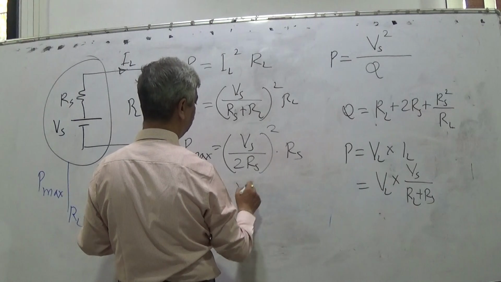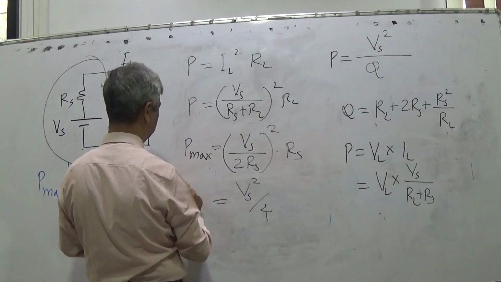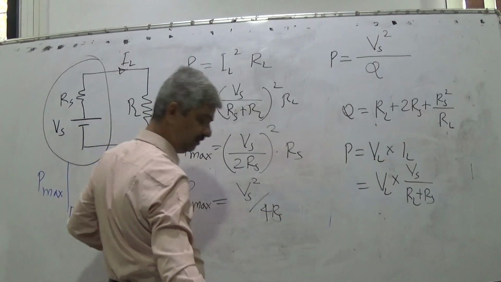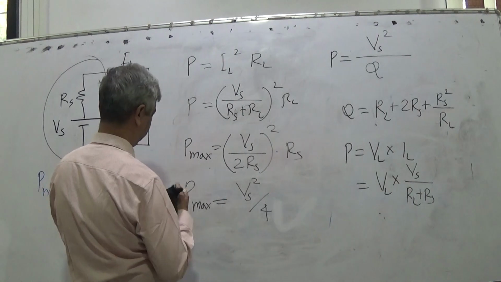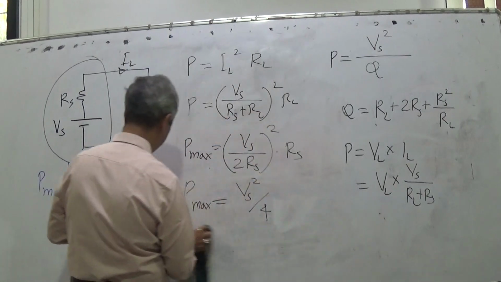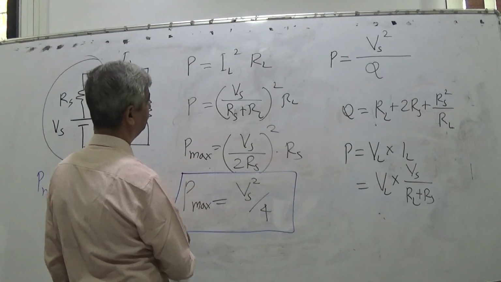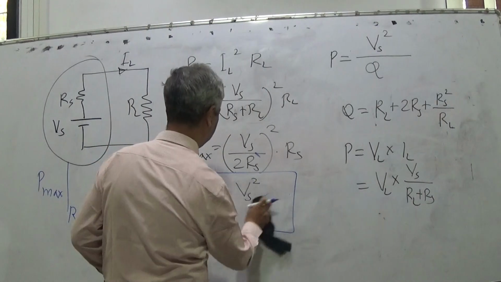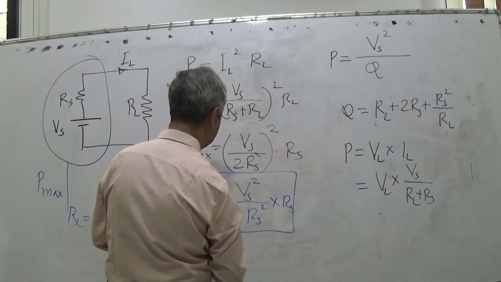That is equal to Vs square upon 4 RS square into RS.